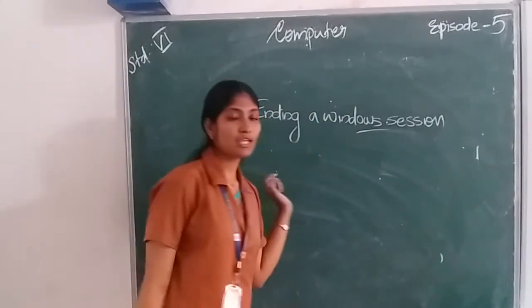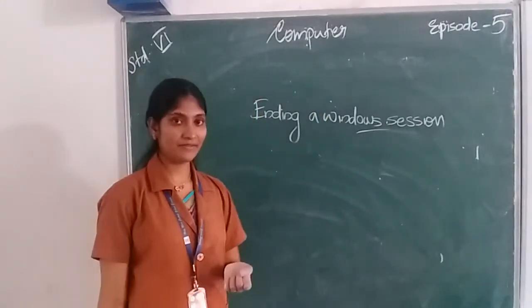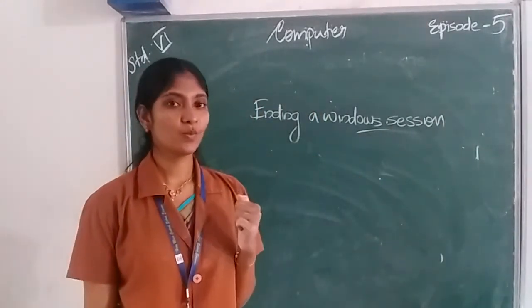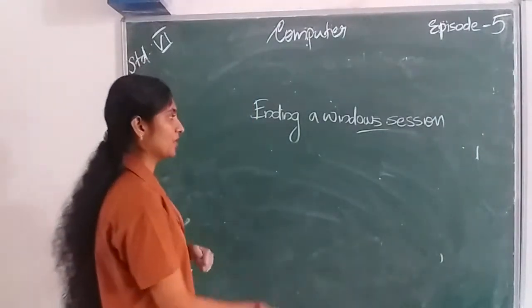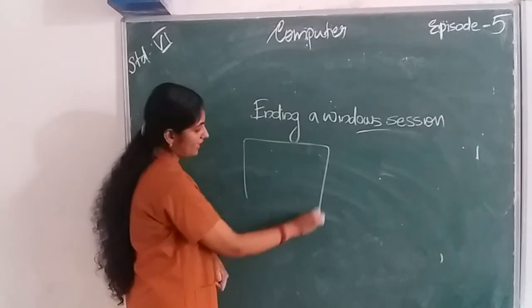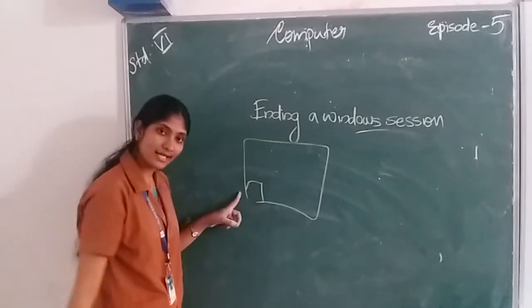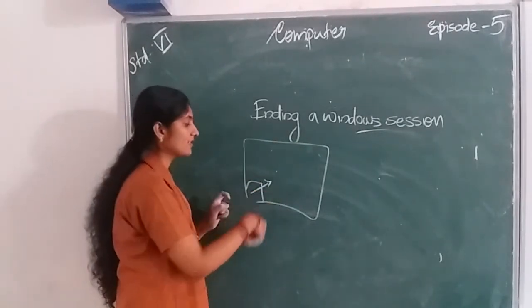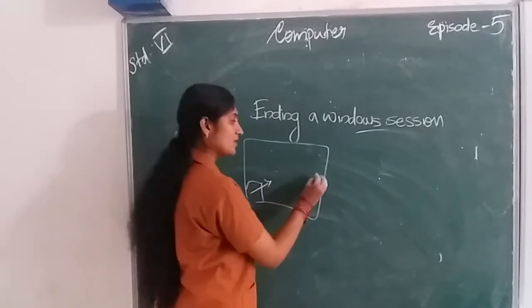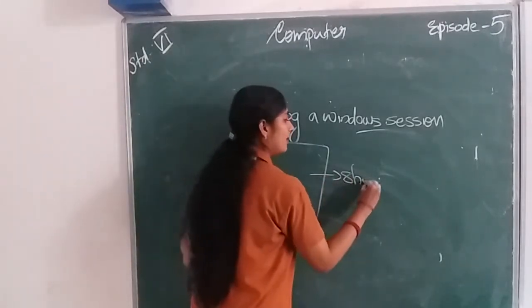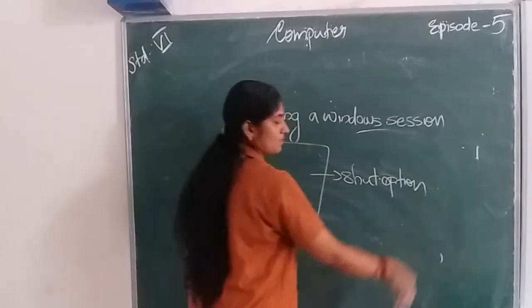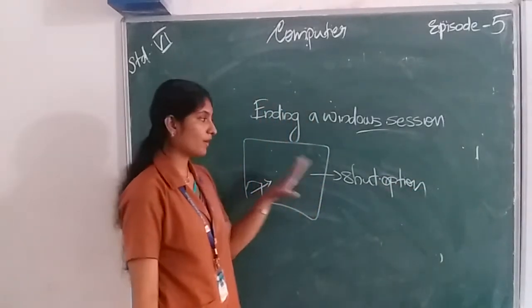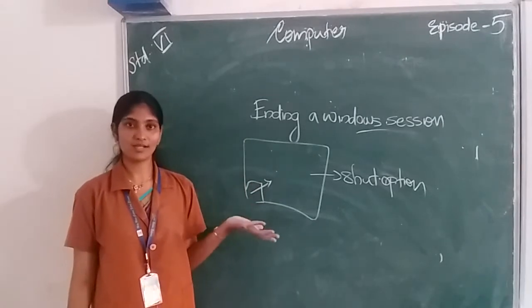That means if you have completed your work on the computer, you have to shut down the computer. Yes, we know how to shut down the computer. On the desktop there is a start button. Click that start button and there is a shutdown option. Just click the shutdown option and finally the computer is closed. Right? So if your work is completed, you have to shut down.